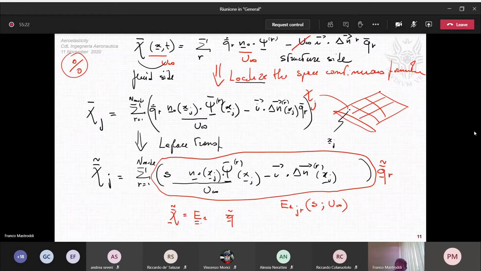This matrix is not a square matrix, but it's rectangular because the number of components of k is equal to the number of panels. We have M panels and N modes in the analysis.